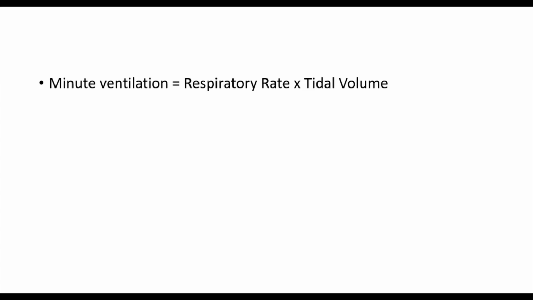It also follows that the main reason why patients need to stay on high-flow nasal prongs is because they have an elevated respiratory rate, which is the main driver for a high minute ventilation. So say the patient has hypoxic respiratory failure and you keep them on high-flow nasal prongs and they start to improve after a few days, assuming their tidal volume gets back down to half a liter and their resp rate is less than 20, that would give them a maximum minute ventilation of 10 liters per minute.